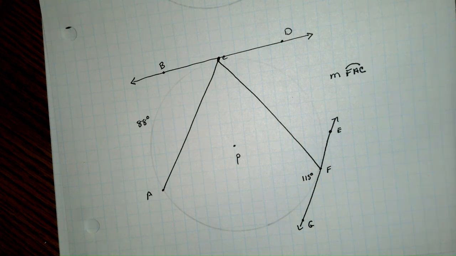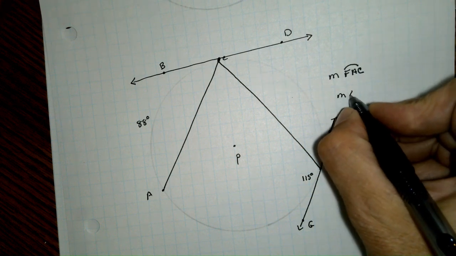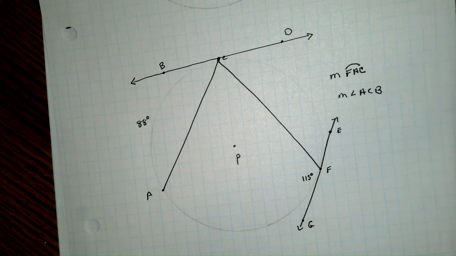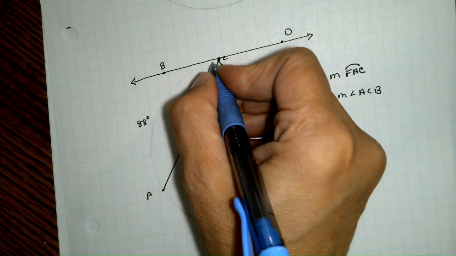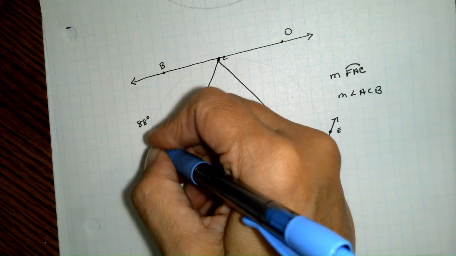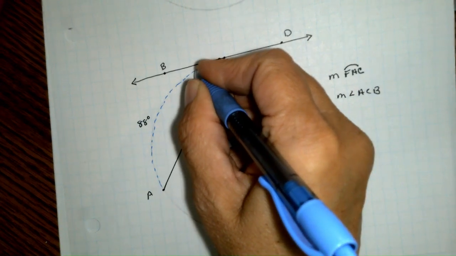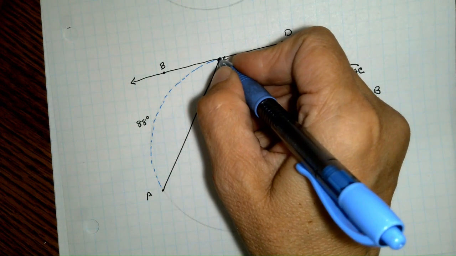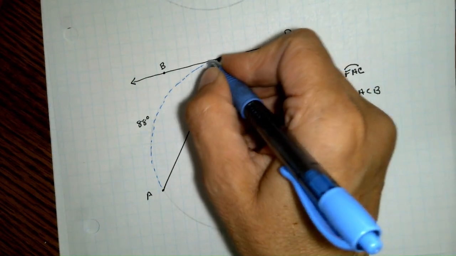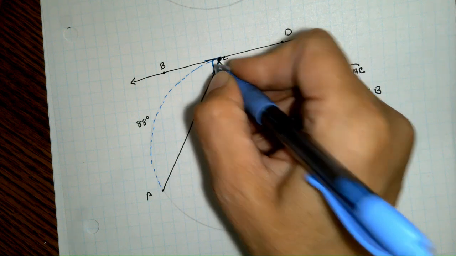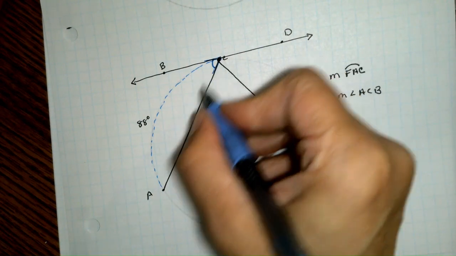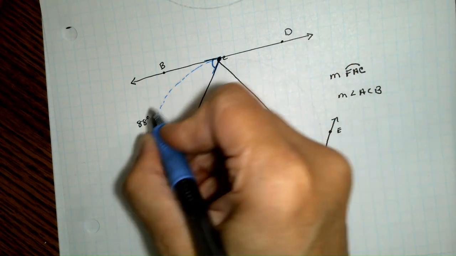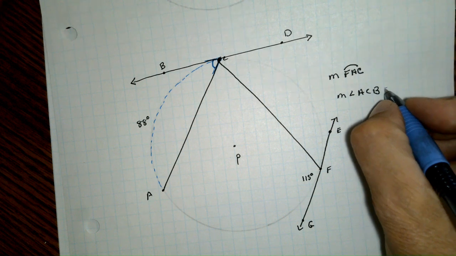Okay, so let's find also the measure of angle ACB. Okay, well, right here, we can see that's 88. There's an angle that creates that arc. So 88, we're going down because the angle is smaller than the arc. So that makes this 44 degrees.